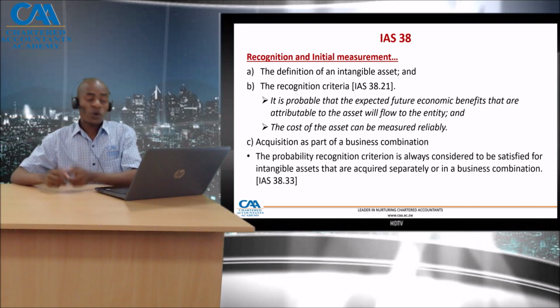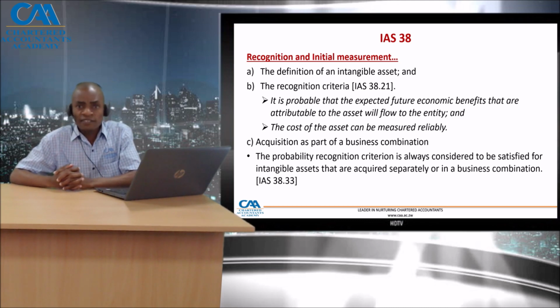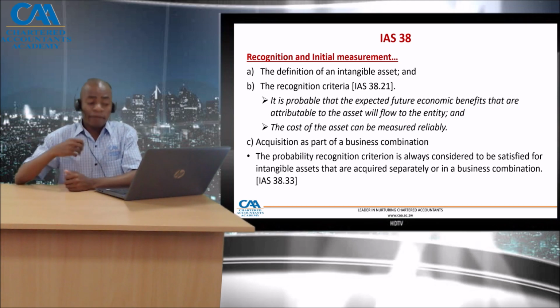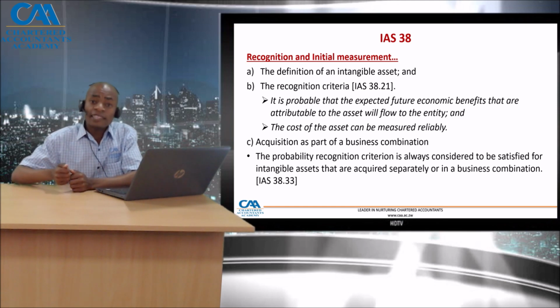Then we have got also the acquisition of intangible assets in a business combination. There is a rebuttable presumption that the probability recognition criterion has been met. The reason being that when the entity has acquired an intangible asset as part and parcel of the business combination, economic benefits are expected to flow to the entity.